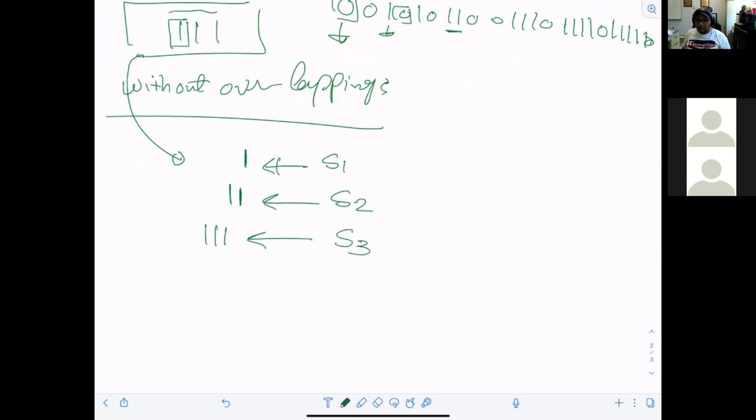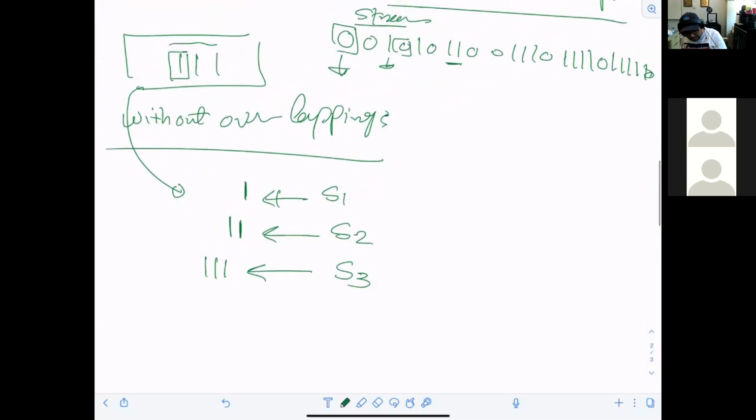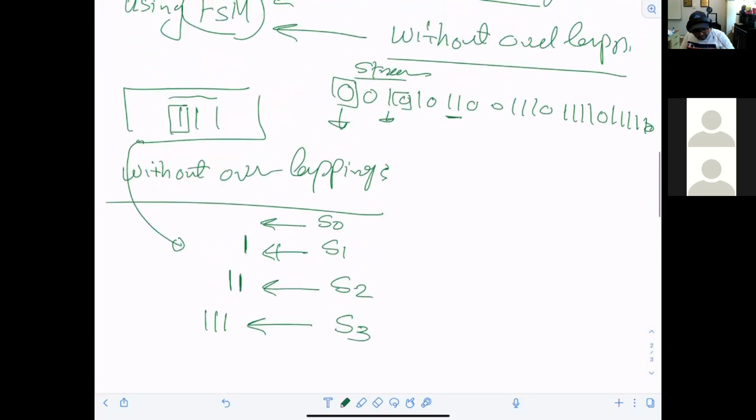Also, I can set up an initial state called S0, which is the state I start from. So if anybody gives you an n-bit pattern, you will end up having how many states? N plus 1. This is one way. There are other ways, but I'm just talking about one way now, okay?